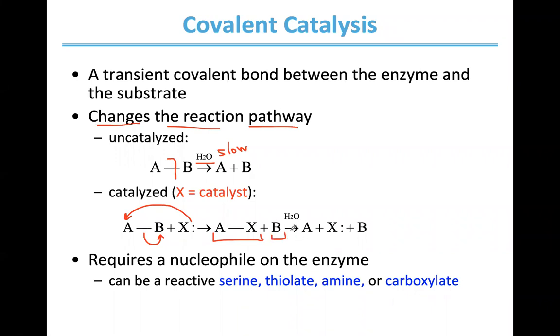But then the AX in the second step will undergo cleavage with water to generate A, B, and regenerate the catalyst, X. So even though these are two steps, so this is one step, right? One step, but it's slow. Now this is two steps.